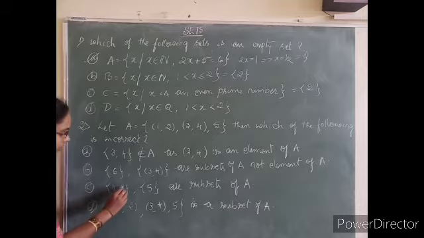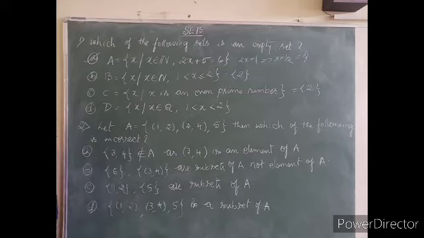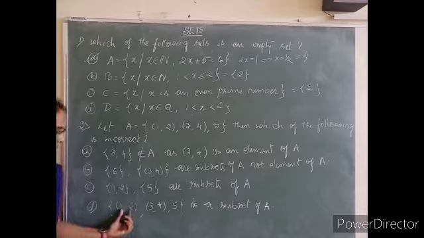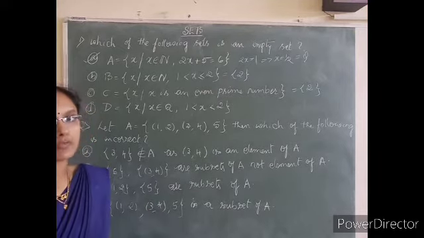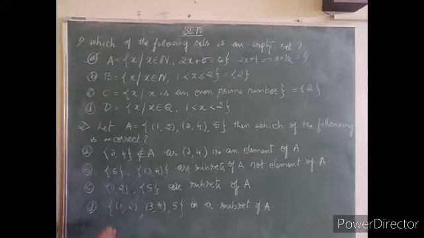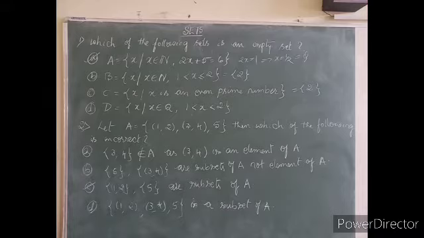If it were in this order, then this is a subset of A. So in this case, this is the wrong statement. We'll check the fourth one: the set containing the ordered pair (1, 2), ordered pair (3, 4) and 5 is a subset of A. Clearly, this is correct. So option 3 is the answer for this question.